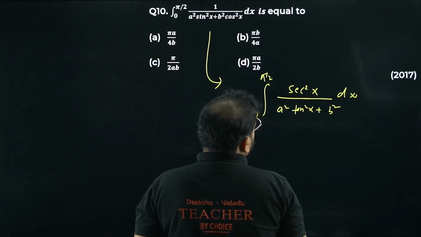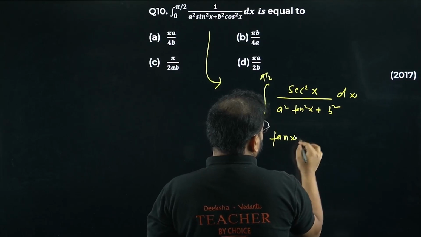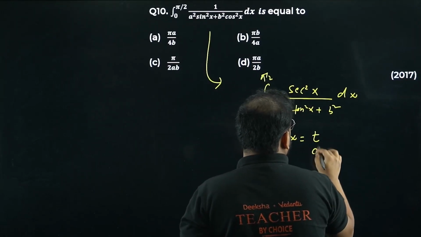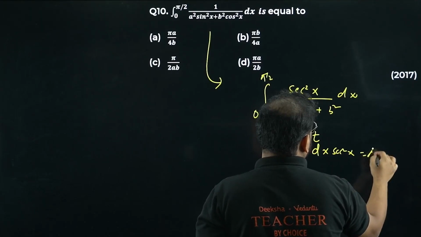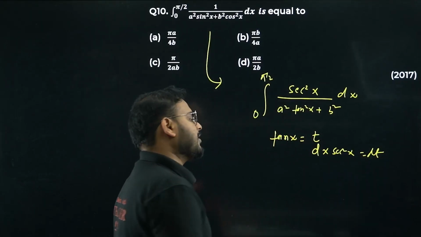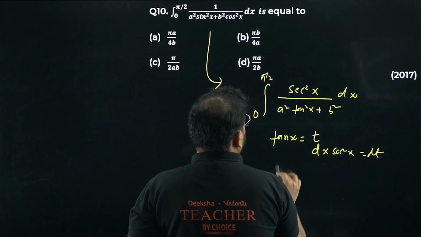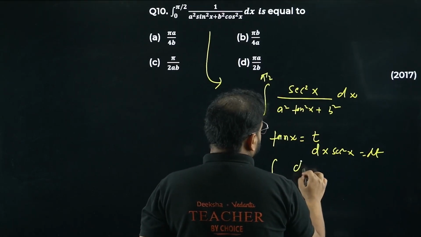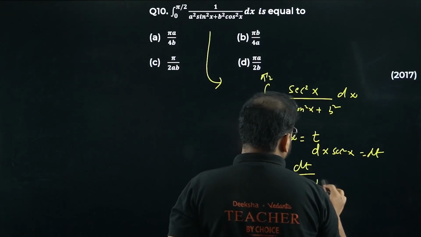Check this out. So I can take this tan x as t. So I have sec square x dx equals dt. Differentiate it. So you'll have dt upon a square t square plus b square.